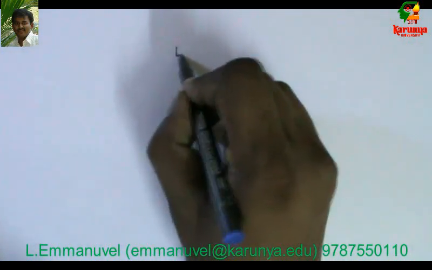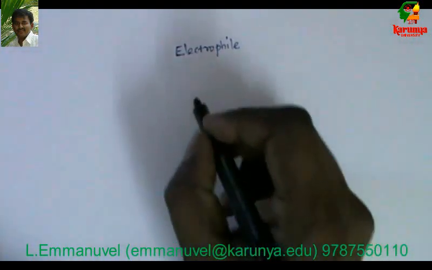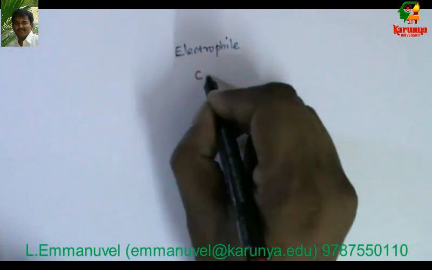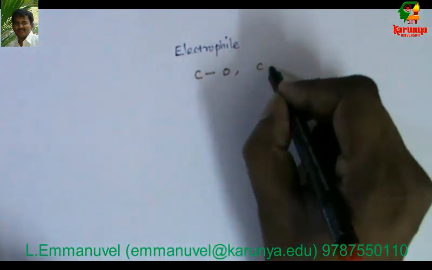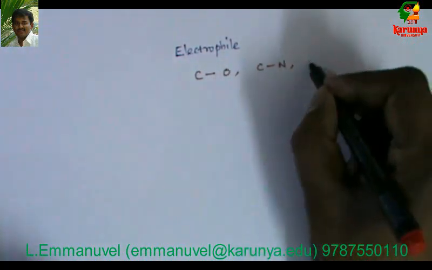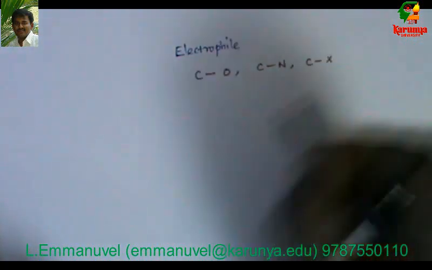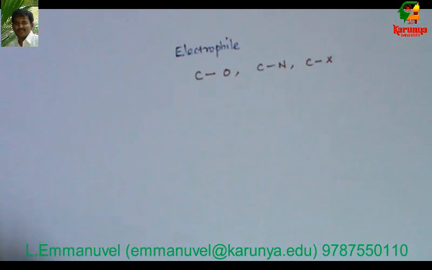Now let us go to the second category of electrophile, that is carbon attached with more electronegative atom like oxygen, nitrogen and halogen through single bond, double bond and triple bond. First let us go for the single bond.